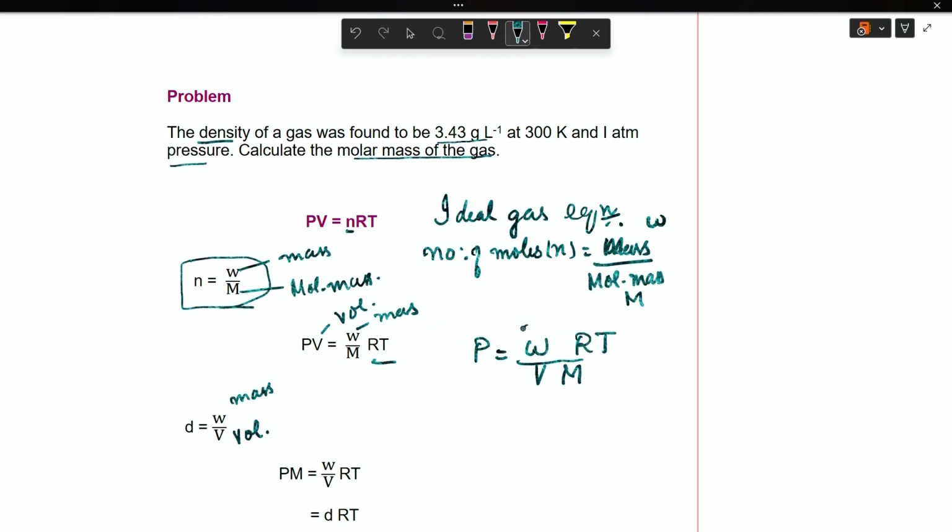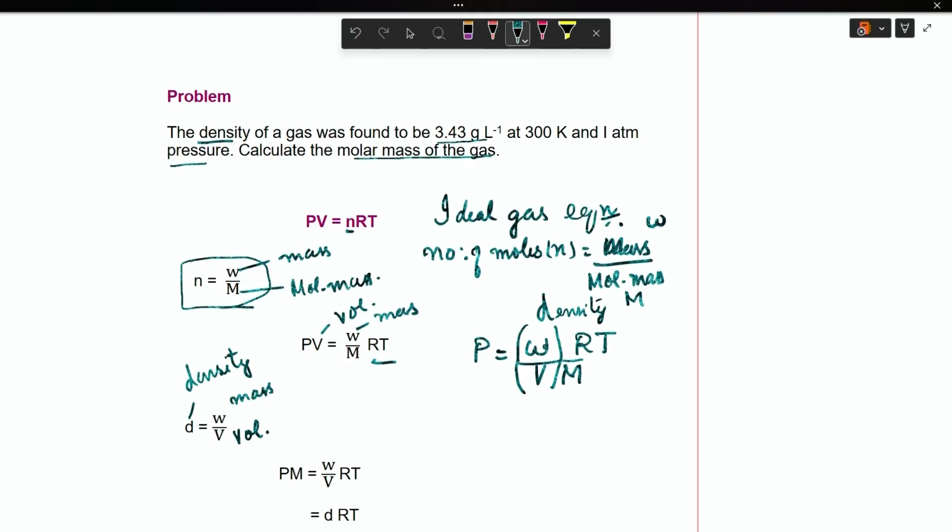This mass by volume, I can consider to be density D. D stands for density. Because the data is density, we will have to somehow convert that into the density term. So, here we have mass and volume, this becomes density.